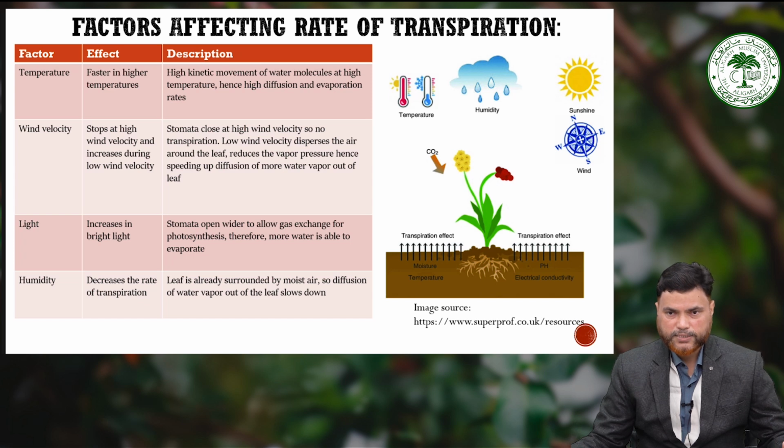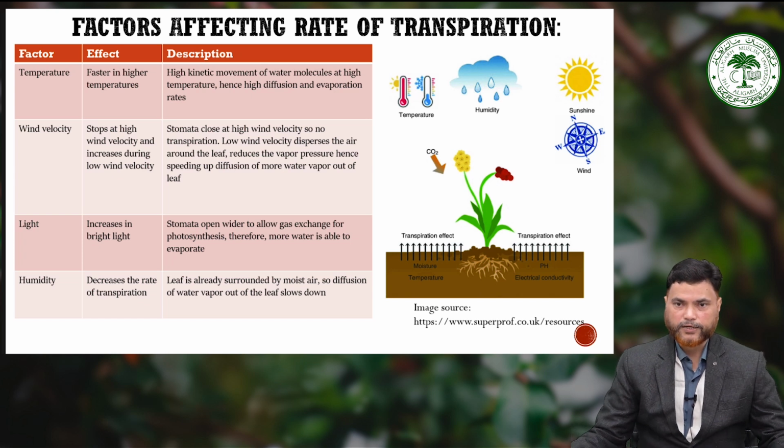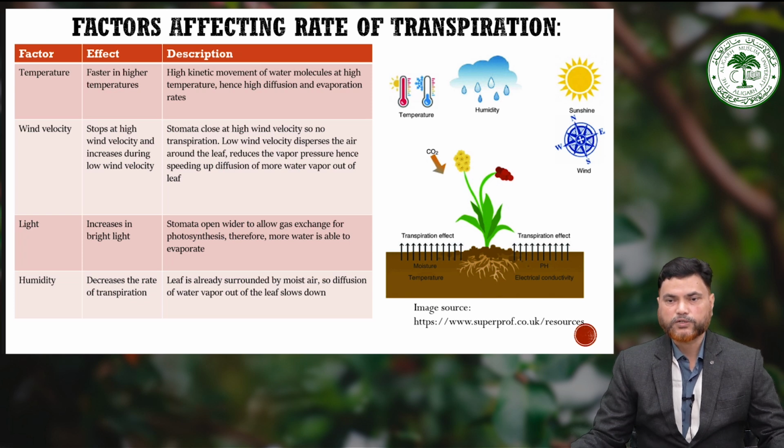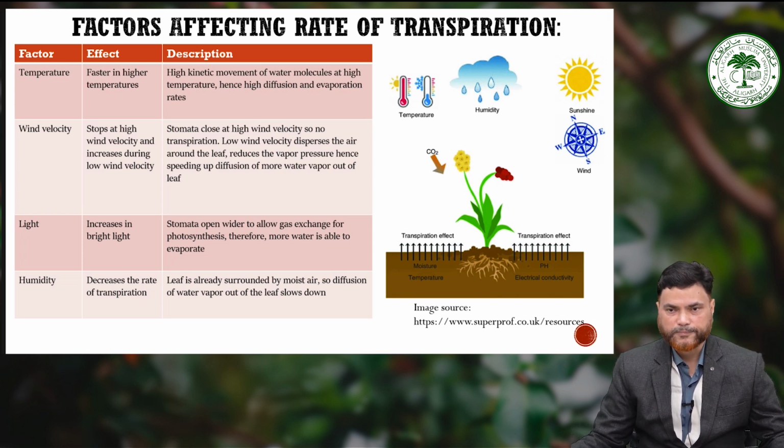Now, what is the effect of light on the rate of transpiration? Light has a very significant influence in controlling the movement of stomata. Generally, stomata open in light and close in darkness. So this is the general condition. But the rate of transpiration is also influenced by light intensity.